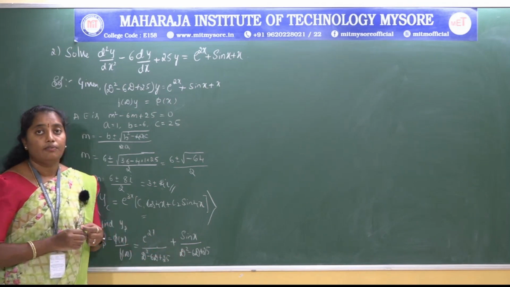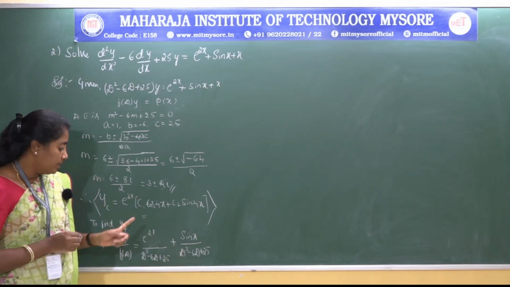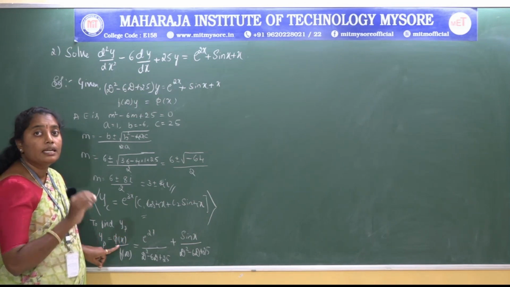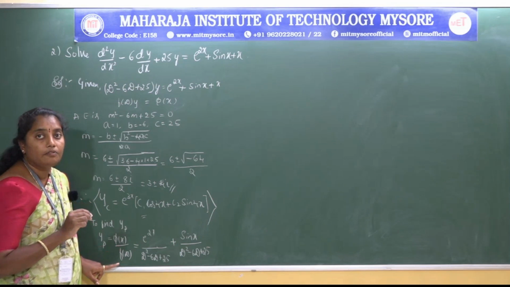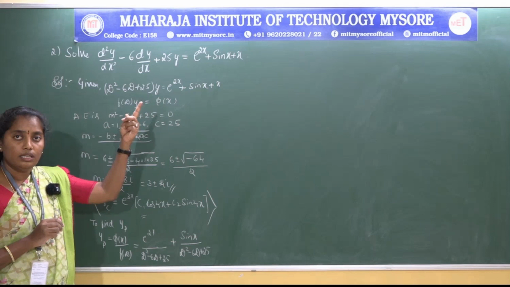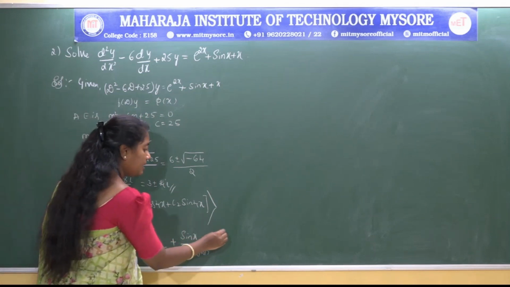But in type 3, if phi of x is a polynomial, while writing phi of x and f of d, we have to write phi of x in descending powers of x and f of d in ascending powers of d. Since for phi of x we have only one element, that is x, I write it as it is.